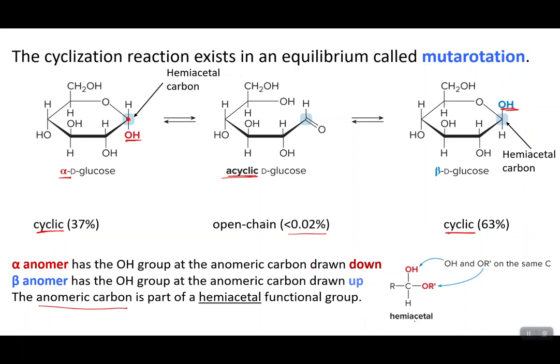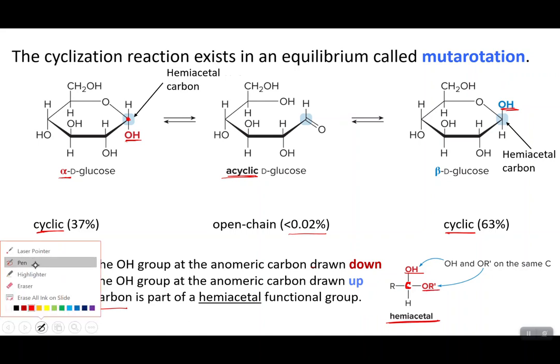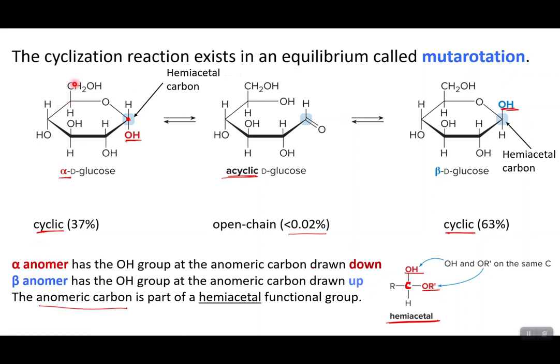So how we define a hemiacetal is basically, you locate a carbon that has an OH group and an OR group attached to the same carbon. So if we look at our cyclic structures here, whether we look at the alpha or the beta anomer, what you're going to see is that this carbon has an OH group and an OR group attached to it.